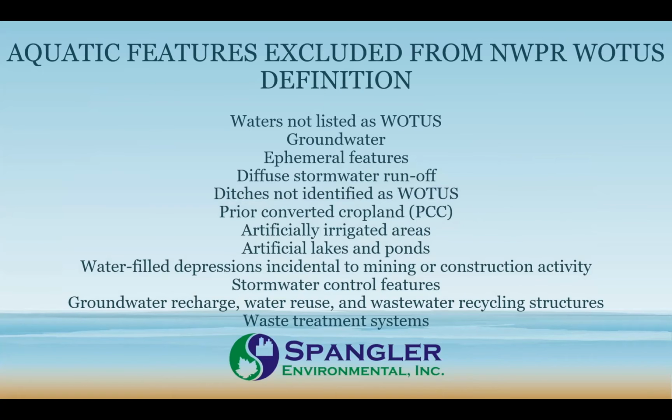I'm not going to read through this whole list here, but having that list of both what are considered and what are not considered waters of the United States is very helpful, both as a practitioner and as a member of the permitted community. Very helpful to have those clear definitions, and that's a first for the implementation of Sections 404 and 401 of the Clean Water Act, to have these written down. All right, so that's the end of the summary there.